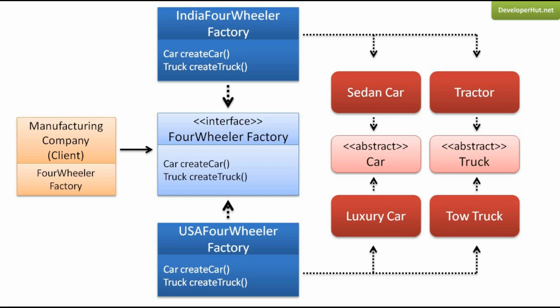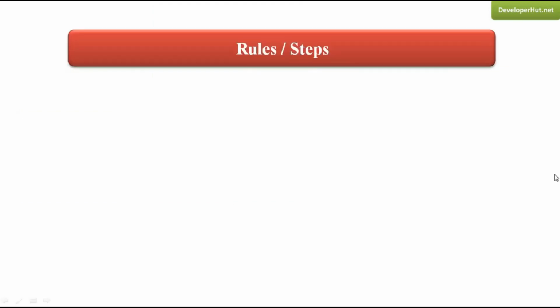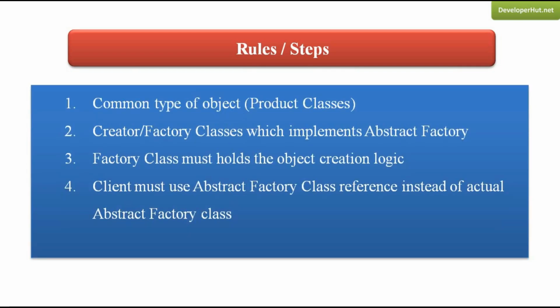So before we proceed ahead, let's see what are the rules or steps to create the abstract factory design pattern. The first rule is we must have a common type of object, which is product classes in our case. So whatever object we want at the client side must be one type of common object. For example, the four-wheeler is a common type of object for the car as well as the truck category, right?